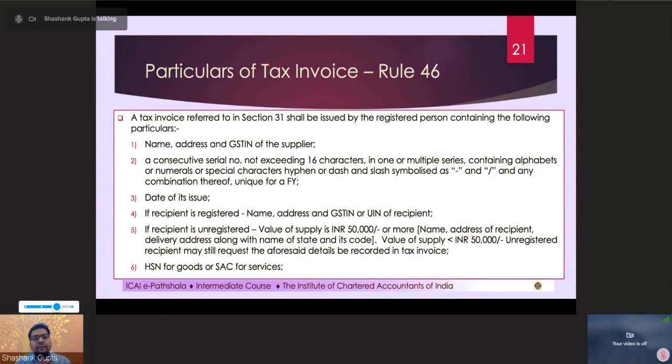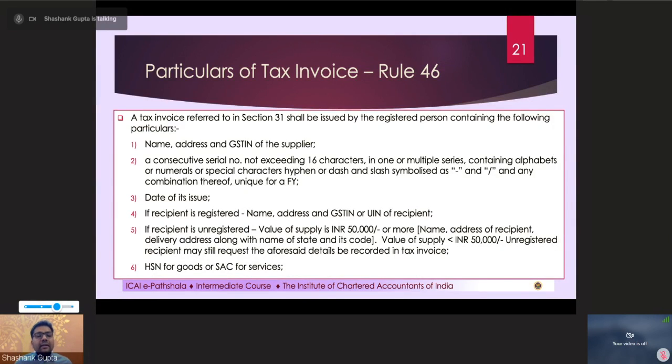Because when you move in a sequential manner, the government can then any day come back and see how many invoices have you raised in a financial year, and basis that invoice, the government can then take an estimation whether you've correctly paid the tax or not.